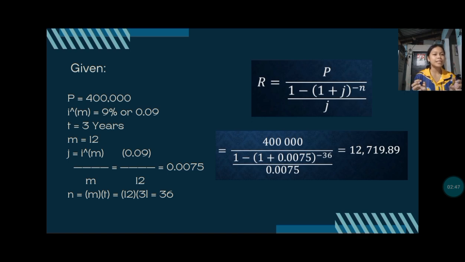Now that is the monthly payment for our example number 4.